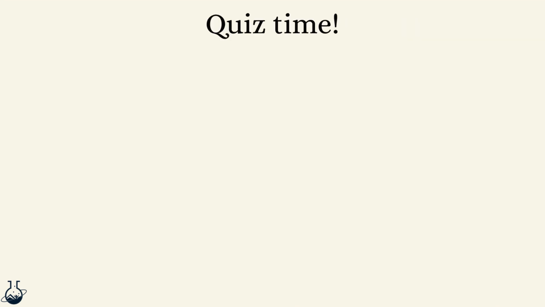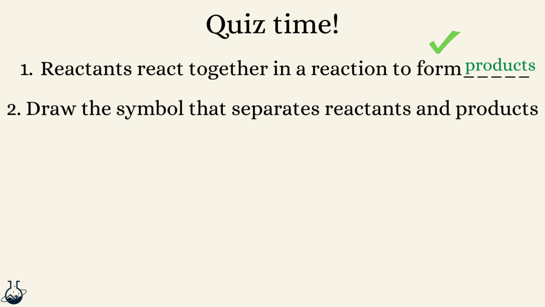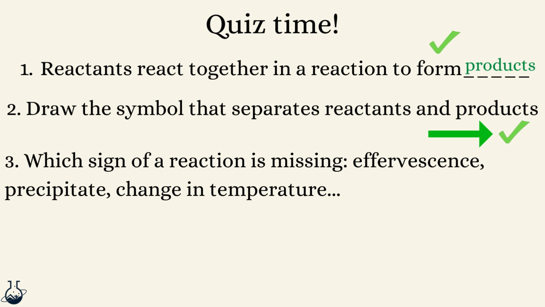Time for our end of video quiz to see what we now know. Question 1. Reactants react together in a reaction to form products. Question 2. Draw the symbol that separates reactants and products. We draw an arrow. Question 3.